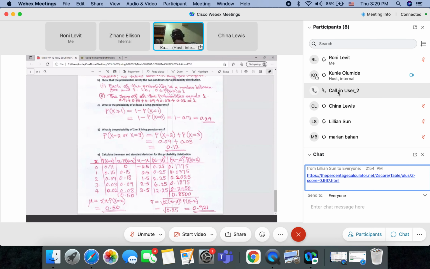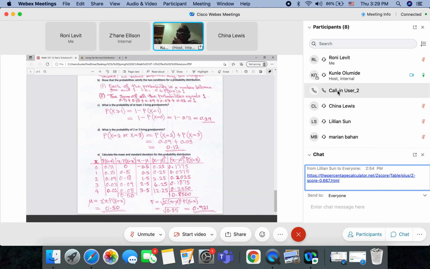And then the last two questions calculate the mean and the standard deviation. You use the formula for the mean, sum of x times probability of X equal to x. And then sigma is the square root of the sum of x minus mu squared times probability of X equal to x.